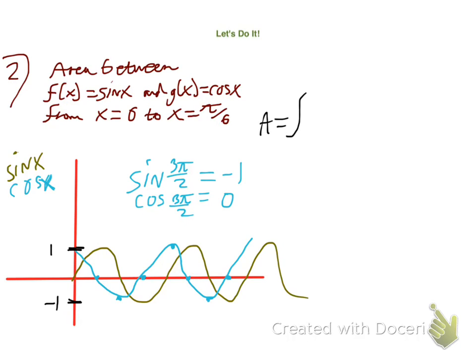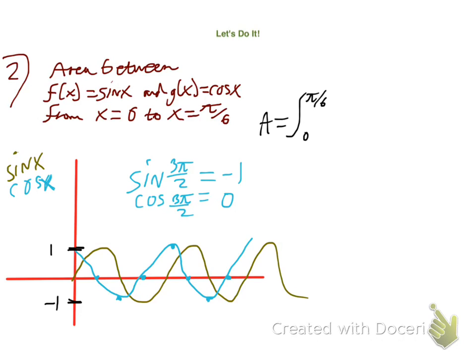X equals 0 is our bottom limit, pi over 6 is the top limit. I graphed all of this, but really all that's important is 0 and pi over 6, although for the next example, the rest of this graph might be useful.